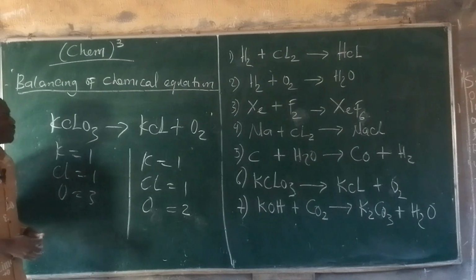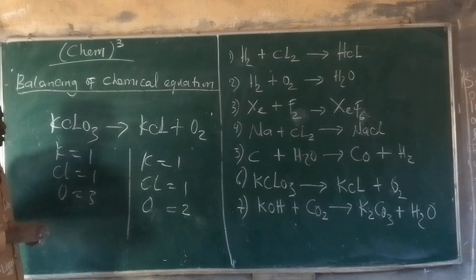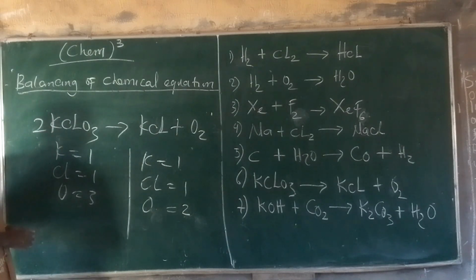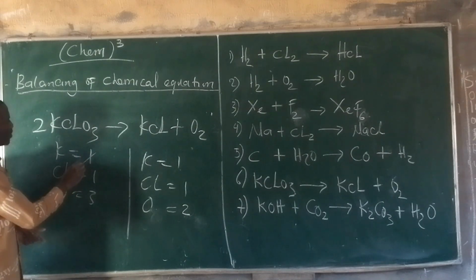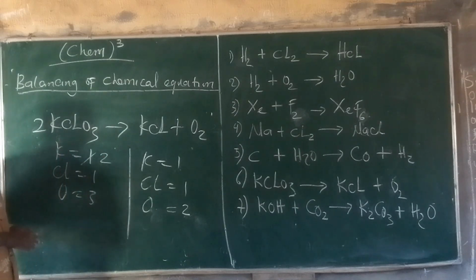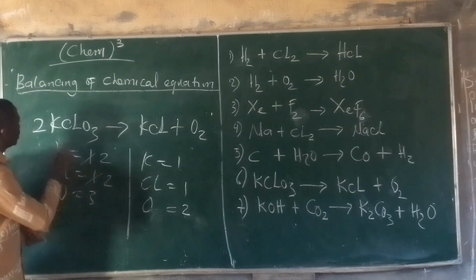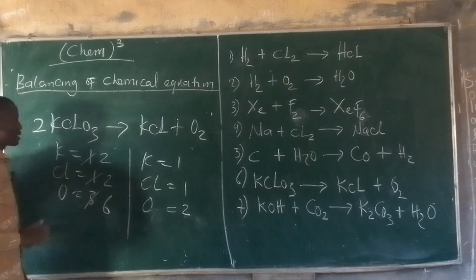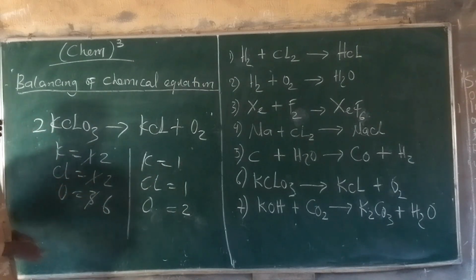Now, what if I look at it from this perspective? If I add 2 to this side, notice that I will have potassium be 2 on this side, and then chlorine to also be 2. 2 times 3, that is 6. My equation will change on this side too.